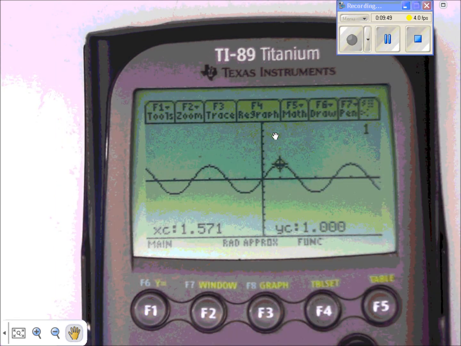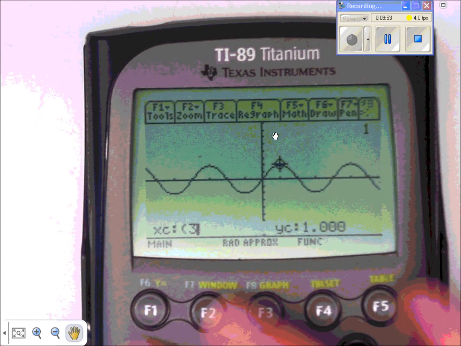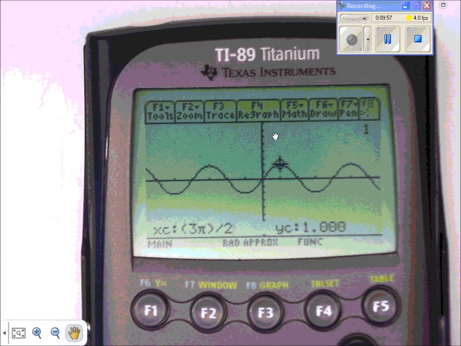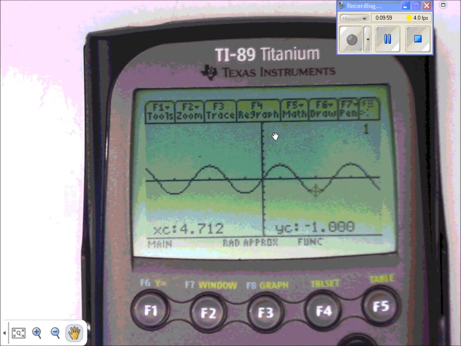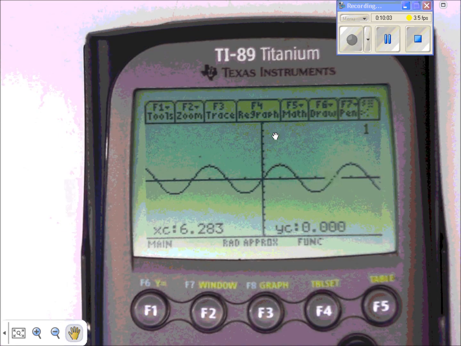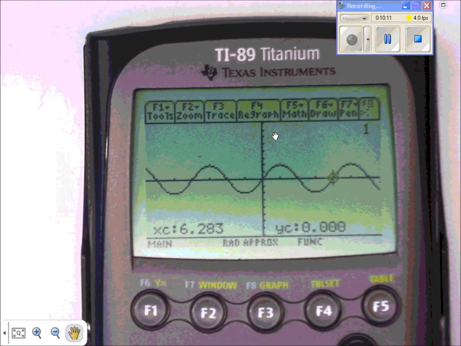Let's check 3 pi halves. 3 pi halves, make sure you put that in parentheses there. 3 pi halves, enter. Negative 1. You see that? 2 pi, 0, and so on. Okay, so that zoom trig window is typically what we're going to use when we're graphing.